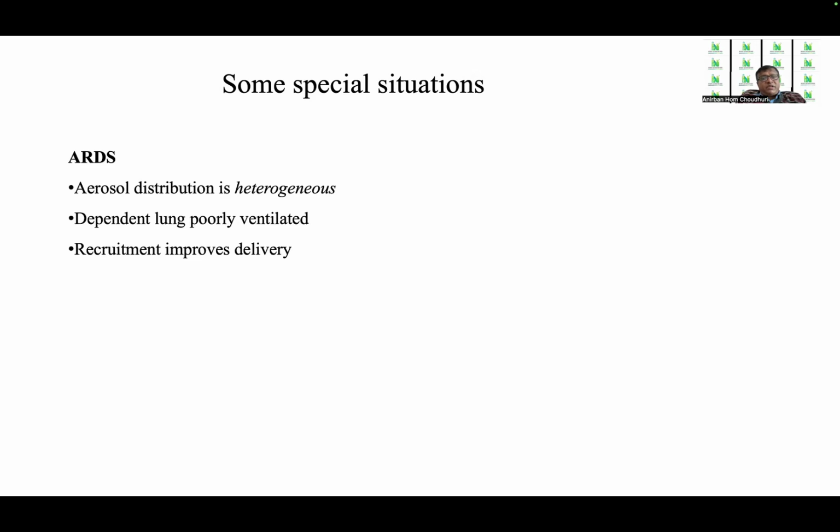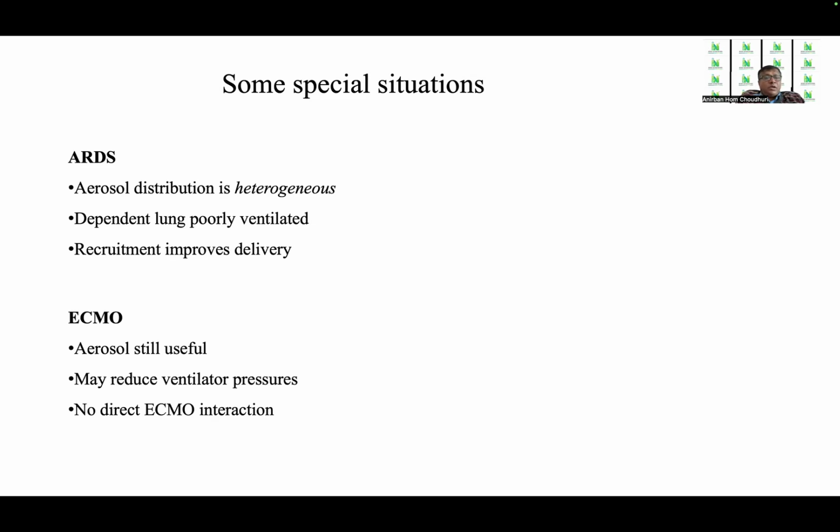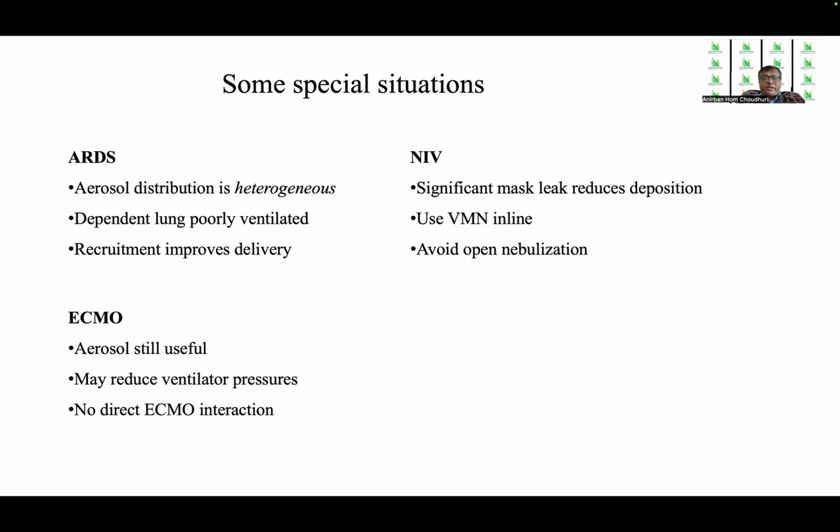We have to remember some special situations like ARDS, where aerosol distribution is heterogeneous, dependent lung is poorly ventilated, and recruitment improves the delivery of the aerosol. In ECMO, aerosol is still useful, but may reduce the ventilator pressures, so there is no direct interaction with the ECMO per se.